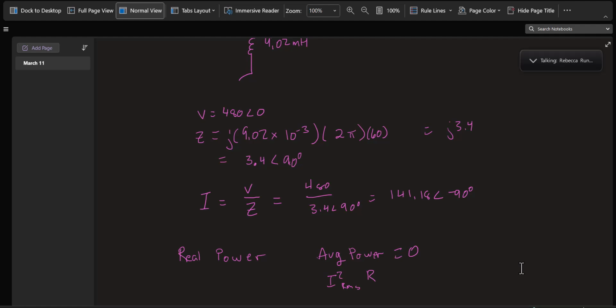So even though our current is the same, our resistance is 0. So our real average power is 0. We do have reactive power if we wanted to find that, but that's not something that is useful.